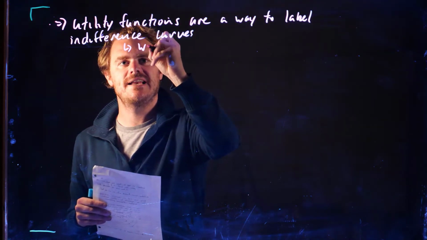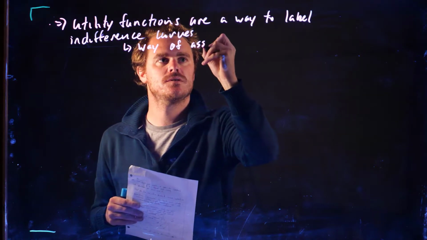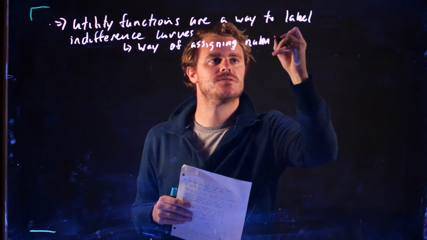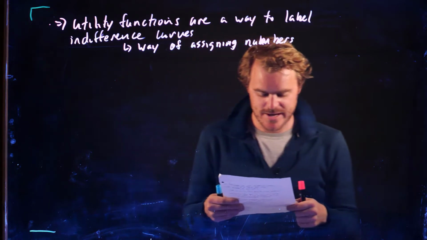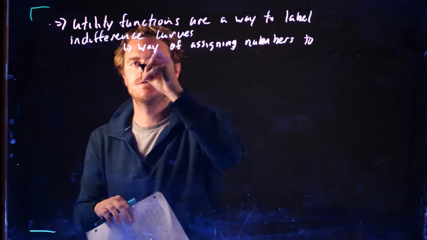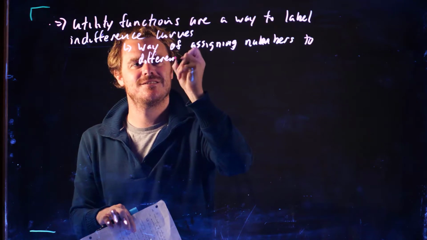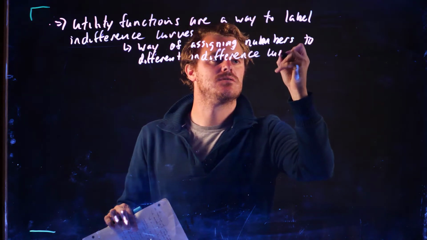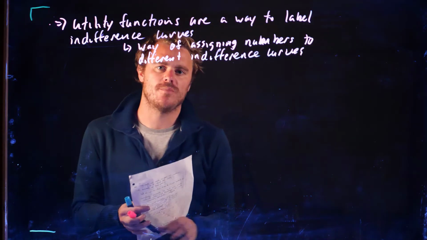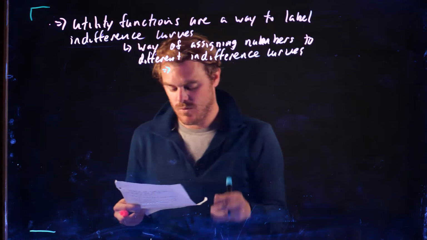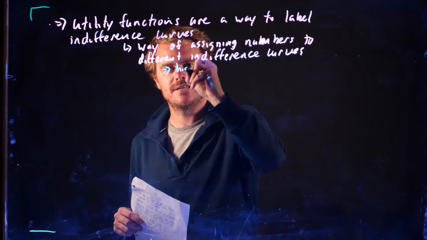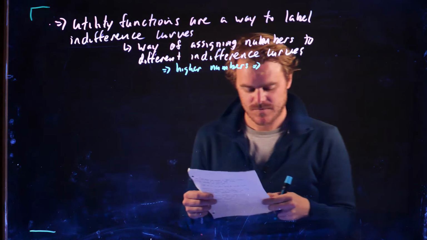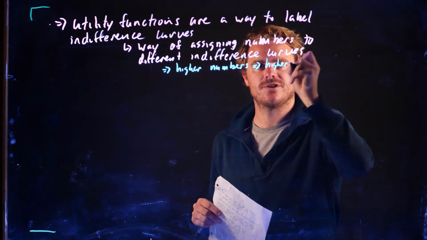It's basically a way of assigning numbers to different indifference curves, where the higher number means higher utility, or more preferred. So higher indifference curves get higher numbers.